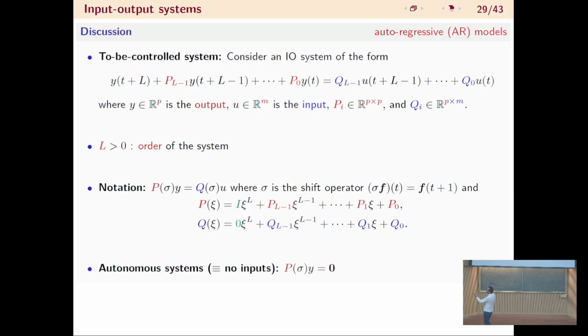In particular, if there are no inputs, then I'm looking at such a system. P of sigma y is equal to 0. I call it autonomous because there is no input, and the future of y depends only on the past of y. Any questions?